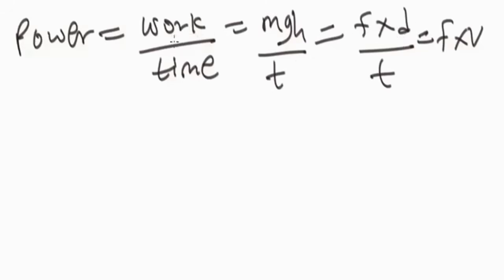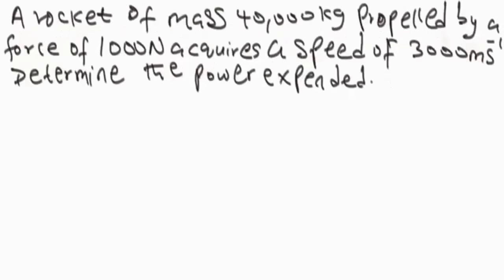Work can also be calculated using mgh, so that's why I have mgh here. And for force times velocity, remember distance over time, or displacement over time, will give you velocity. Power is measured in watts.